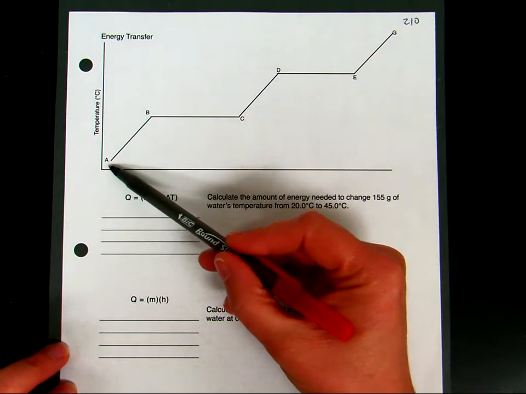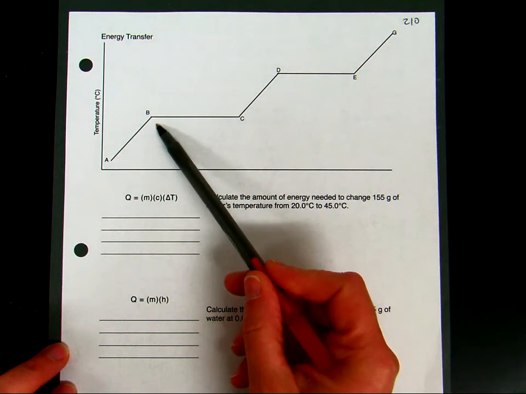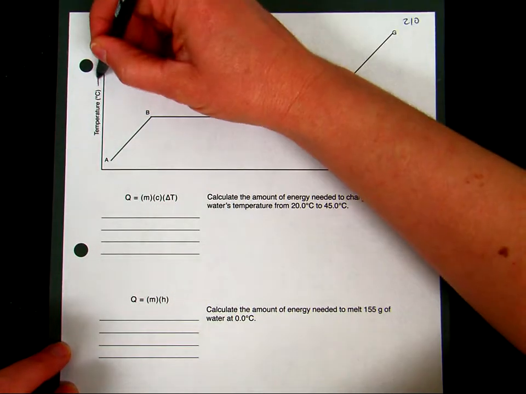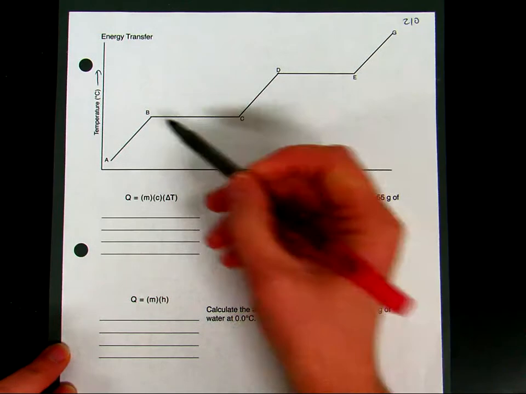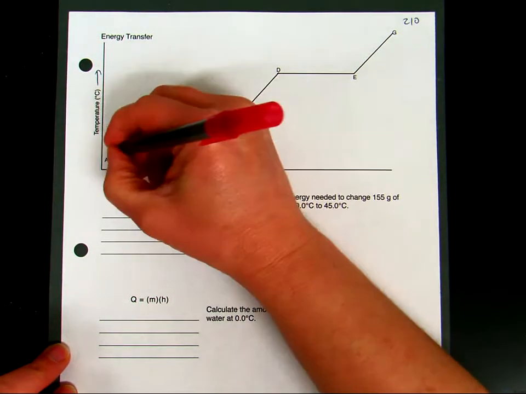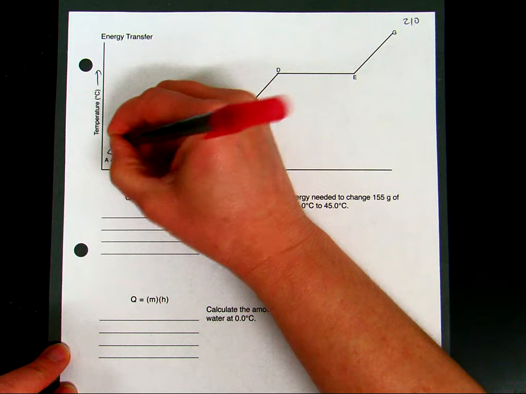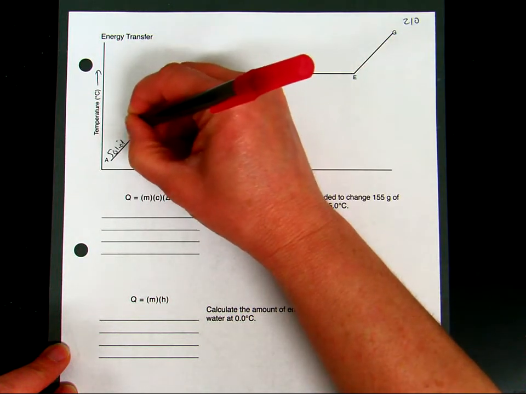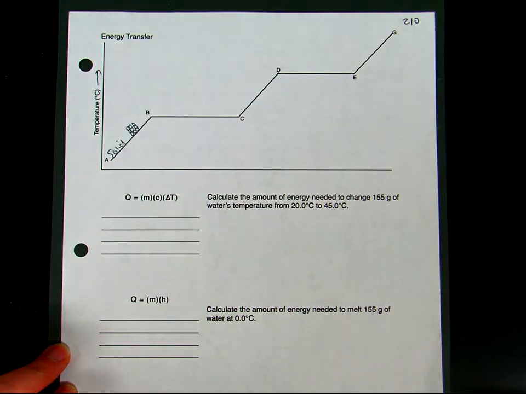Since segment AB is at the lowest temperature range, temperature increases as we go up the y-axis. So the phase of a sample at the lowest temperature range would be a solid, and think about those particle diagrams and how we draw them.